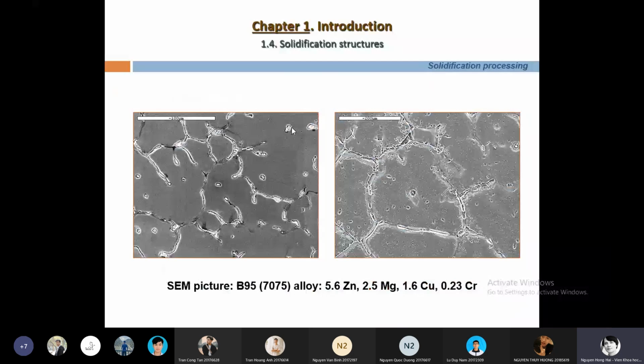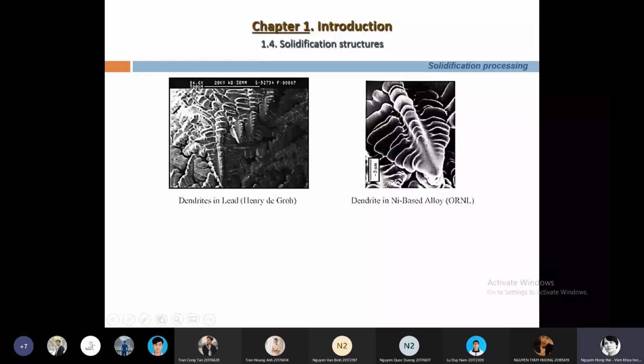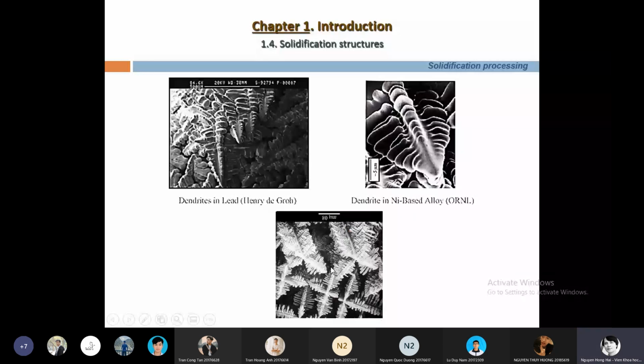And you can see some examples. It is the same picture, and you can see the precipitation normally located in the grain boundary. And you can see some dendrite in the leaf, and dendrite in the nickel base alloy, and it is the outer dendrite.